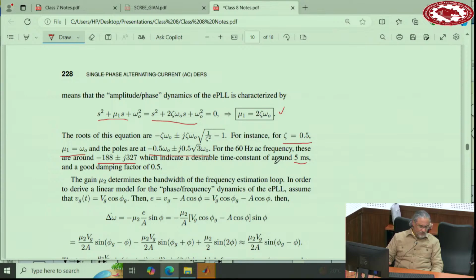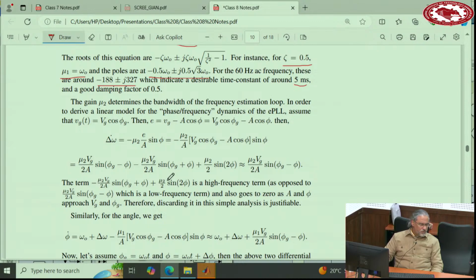So that will be the rough estimate of the time constant of the PLL. It takes about 5 milliseconds to have the time constant, maybe 20 to 25 milliseconds to achieve its response.